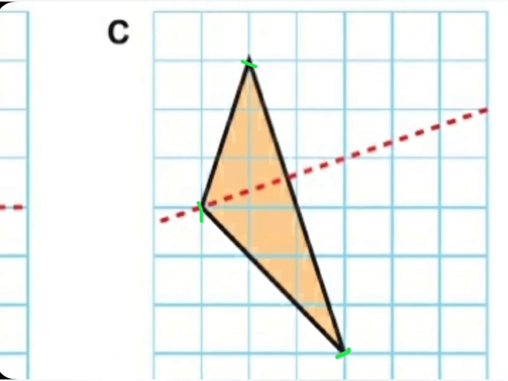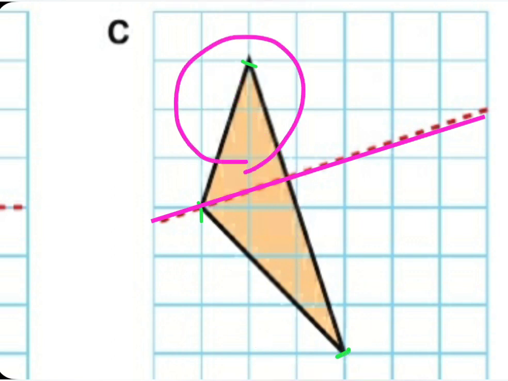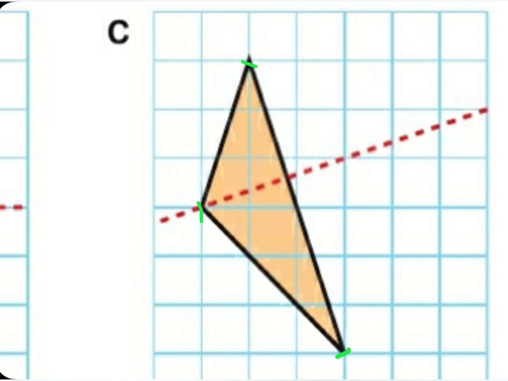So we have 3 points here, focus. We have 3 points, and the mirror line is in the middle of the shape. So the reflection will be different. This shape will be reflected here, and this part will be reflected here. This is very important. Now let me show you.